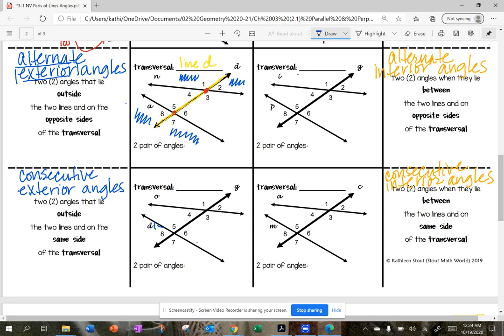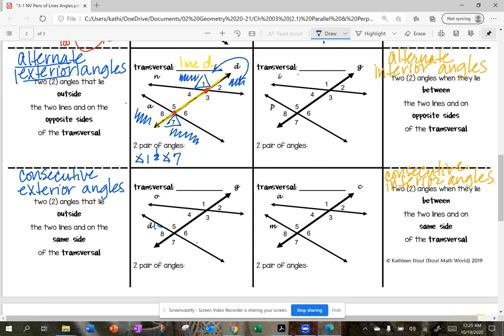So I have 2 pairs of exterior angles, and they're alternate, so that means one is on each side of the transversal. One angle is going to be angle 1, and then I want one on the other side of the transversal, so that'll be angle 7.